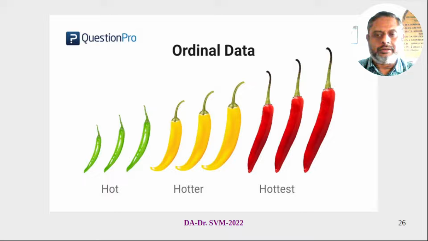So there is order, but still you can't tell that in terms of numbers. You can't just tell how hot the chili is by saying it is 2.4 or 28 or anything like that. You can only describe it as an experience. So in words you can describe, it cannot be put in numerical terms.